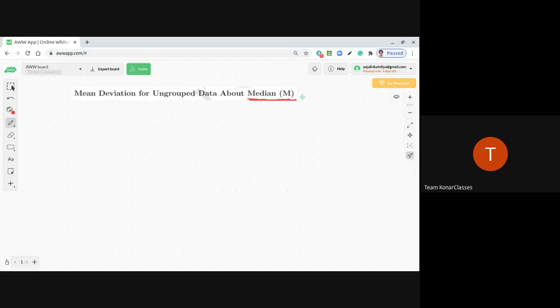Now, how are we going to do that? As you know, dear students, we follow a step-by-step process. So, what are the steps? Let me first write it down, and then we will discuss some illustrative examples.